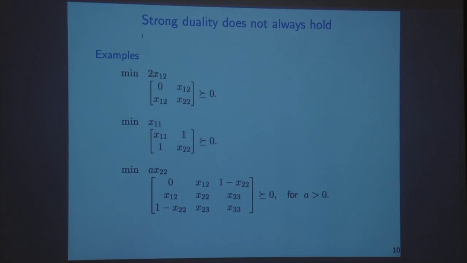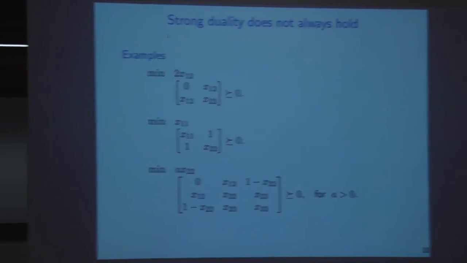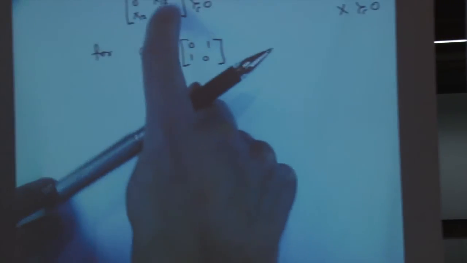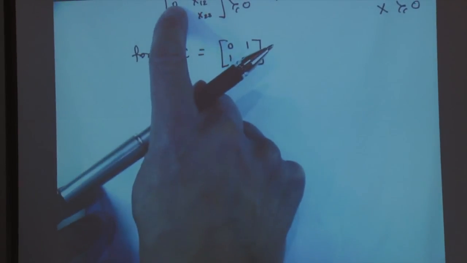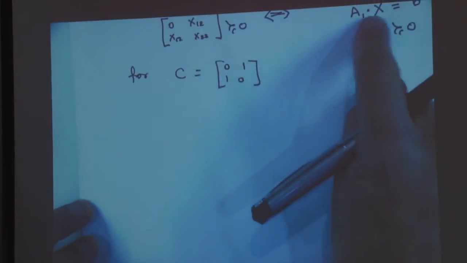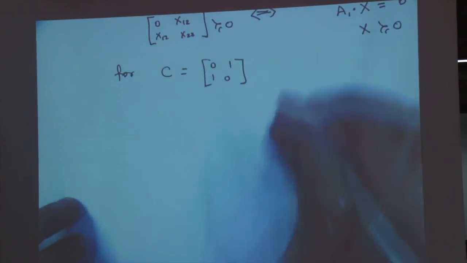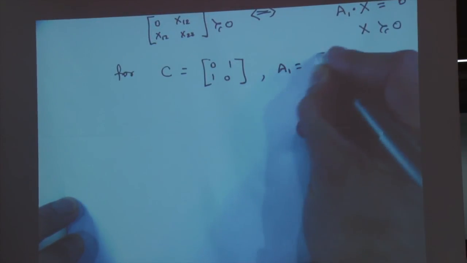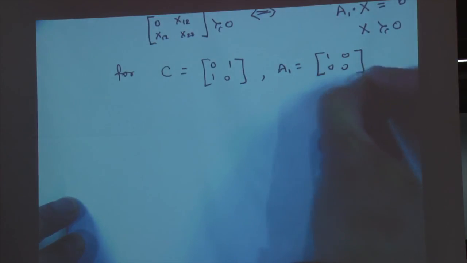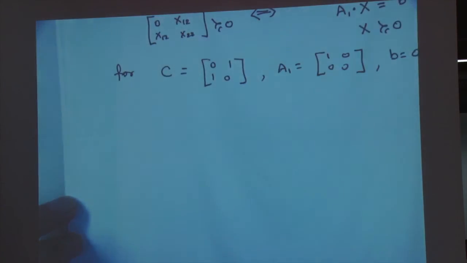For C, I need to multiply X by something and get the sum of the off-diagonal elements, so C should be 0, 1, 1, 0. And the constraint is that the first entry should be 0. So A1 is the matrix 1, 0, 0, 0, and B is the vector, just one element, 0.